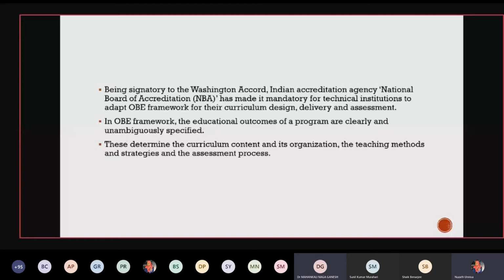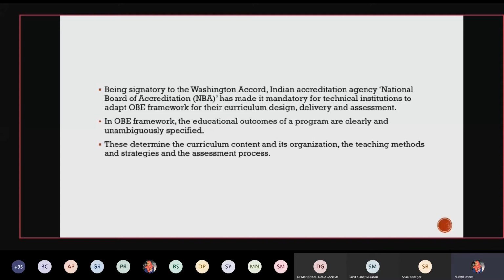Being a signatory member to the Washington Accord, the Indian accreditation agency, which is NBA, has made it mandatory for all the technical institutions to adopt the OBE framework for their curriculum design and delivery.